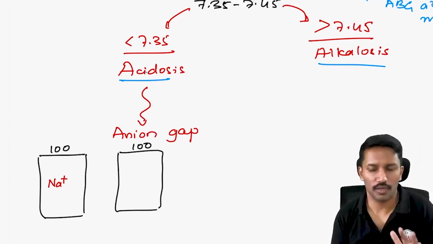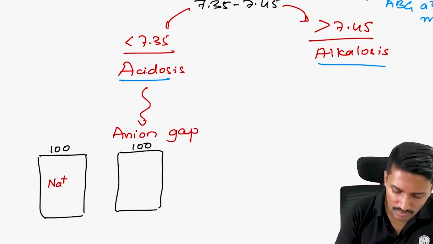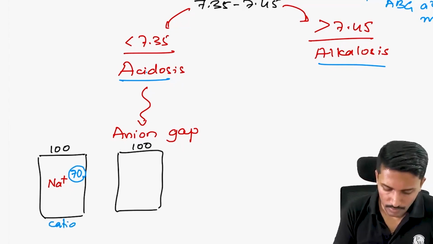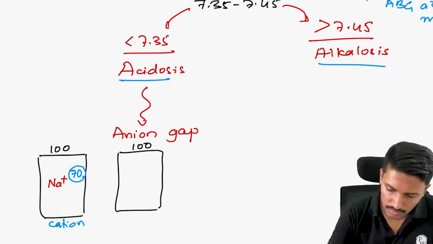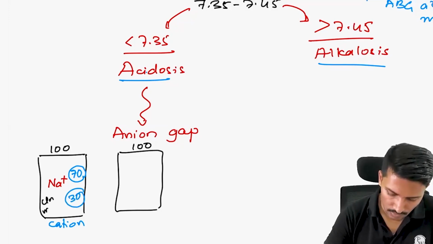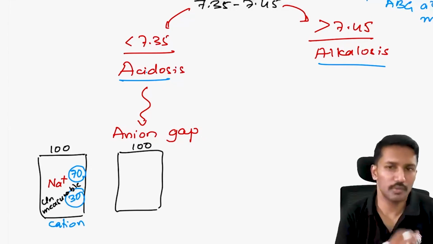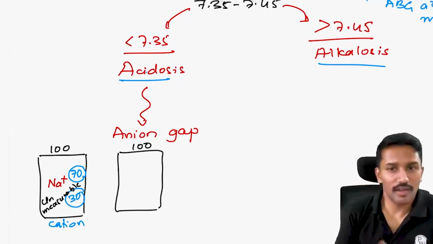Just to give you a hypothetical number, I am repeating again, it is a hypothetical number. Let me say that 70% of cation molecules in this compartment are sodium, and the remaining 30% are unmeasurable cations. Now I will also have 100 anions.